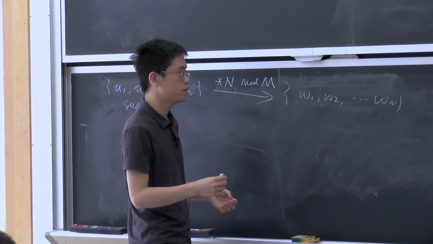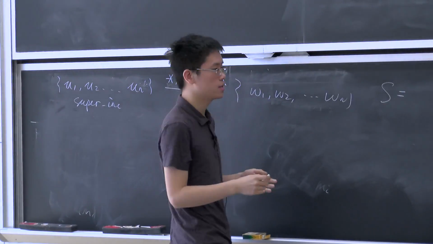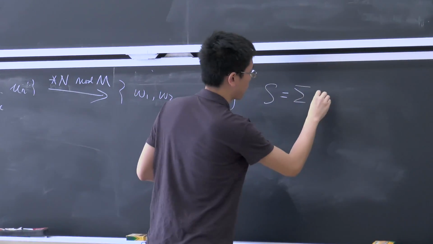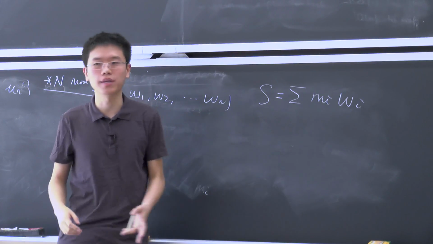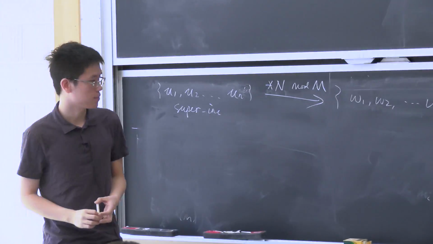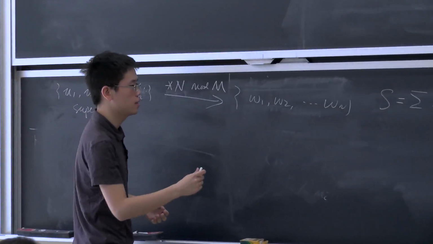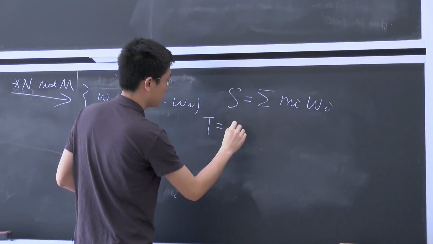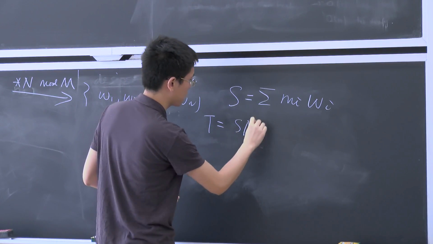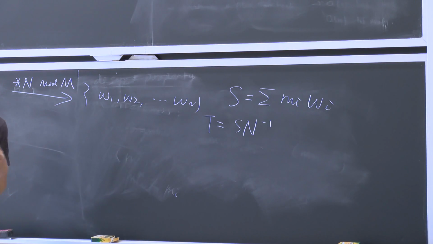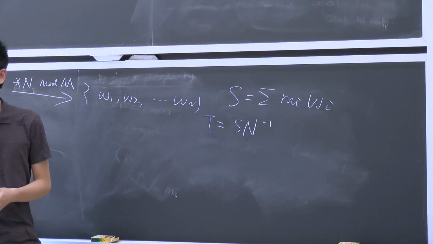So how do I encrypt? I'm going to take a subset sum, which is the sum of mi wi, where mi is the ith bit in the message. So how do I decrypt? I'll take this S and transform it back to the super increasing domain by multiplying by the inverse of n.